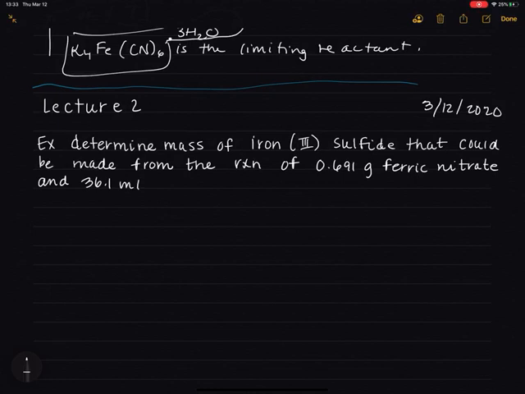I have moles of my ferric nitrate. What do I do next? Convert from the ones I have to the ones I want. Convert moles of what I have right now to the moles of what I want.